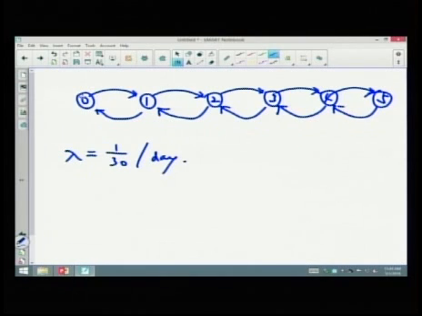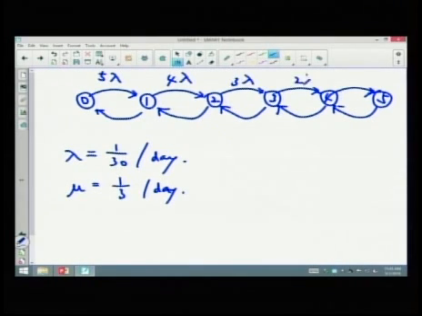Is that right? What about the service rate then? It takes 3 days to repair, right? So 1 over 3 per day. That's going to be the service rate. So up here, the failure rate would be 5 lambda, right? 4 lambda, 3 lambda, 2 lambda, 1 lambda.